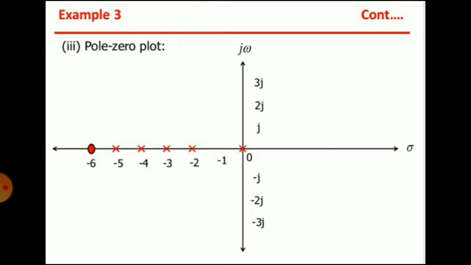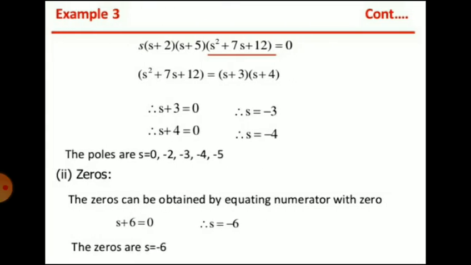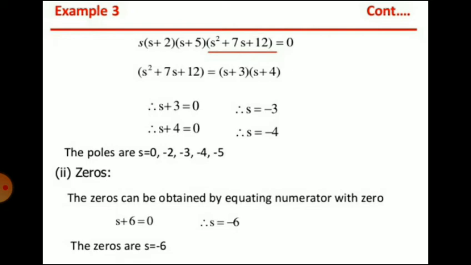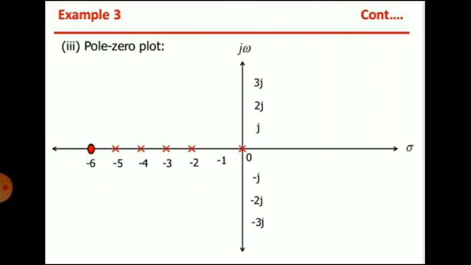The values are 0, -2, -3, -4 and -5. The zero, s equals -6, is only one value, indicated by the 0. So this is a pole zero plot of a transfer function.